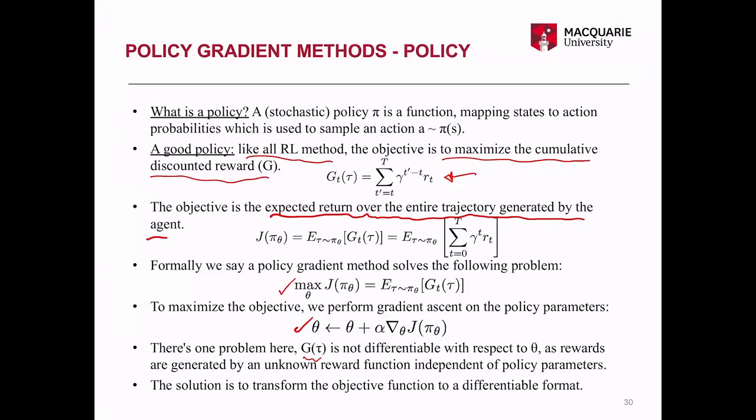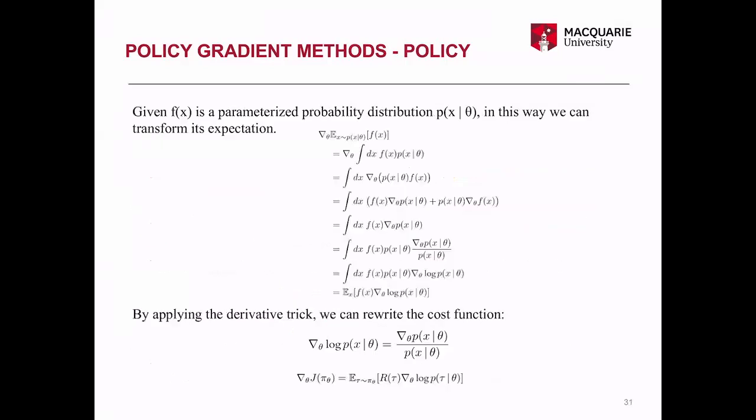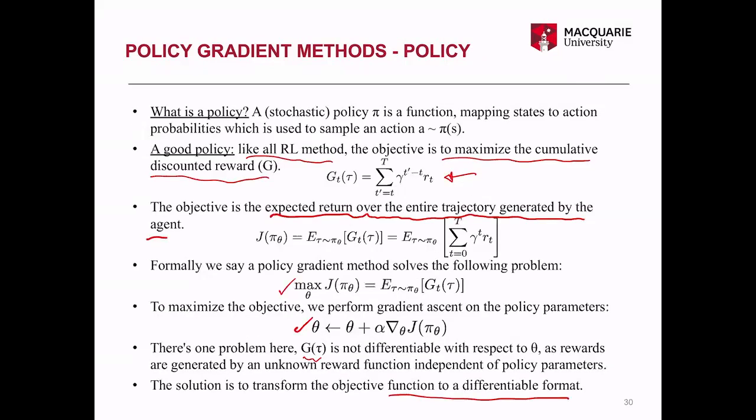The solution is to transform the objective function into a differentiable format. The other reason for non-differentiability, which I'll talk about later, is that the rewards are coming from an unknown function. It's not dependent on theta, the parameters of our network, and that's why if you take the gradient of them, it's going to make them zero.